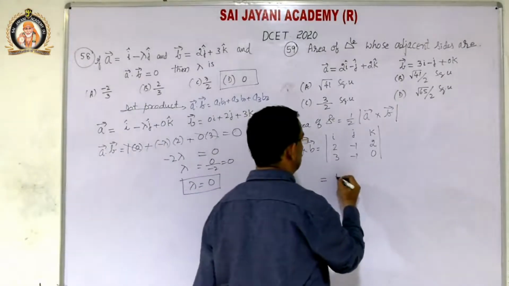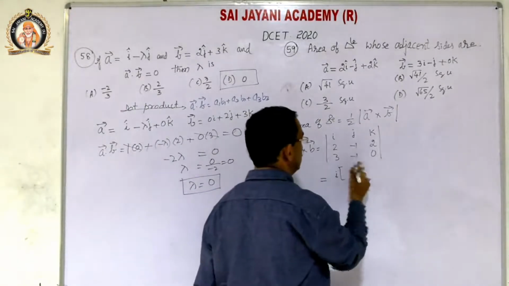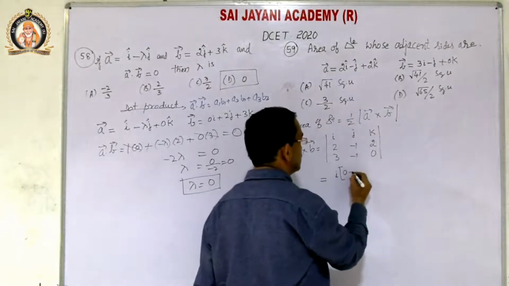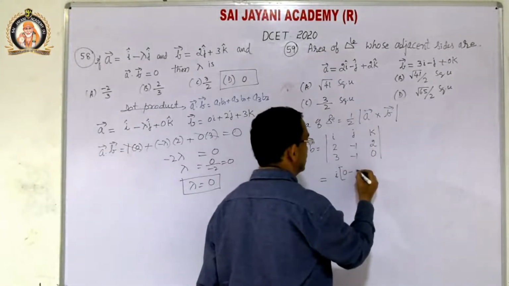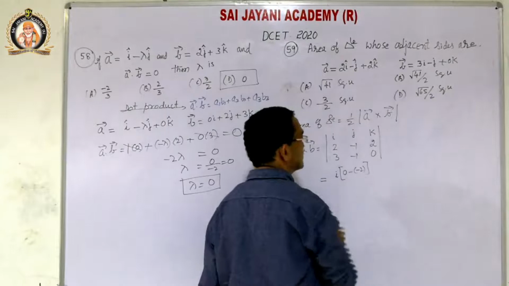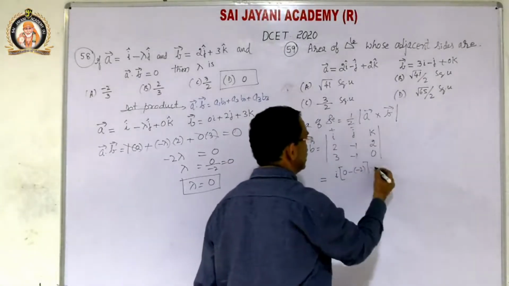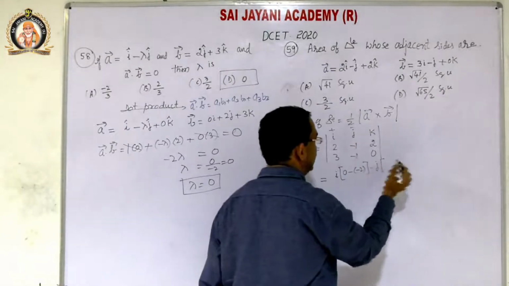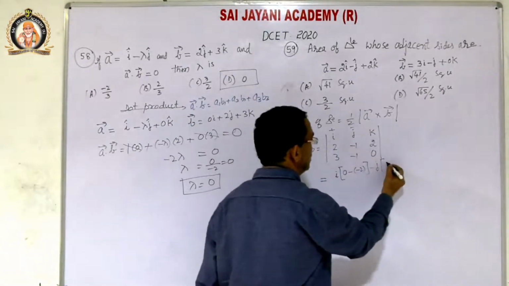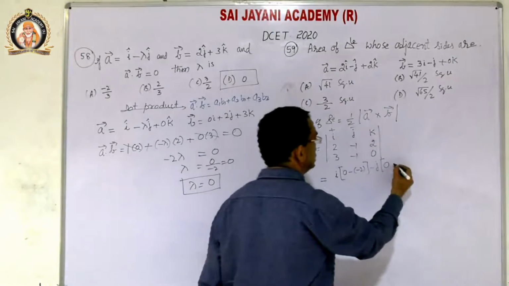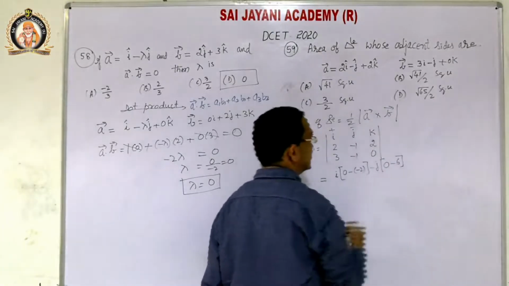This is equal to i into minus 1 into 0 is 0, minus of minus 1 into 2 is minus 2. That is the first term. Next, after the plus, we consider minus j into 2 into 0 is 0, minus 3 into 2 is 6, the second term.